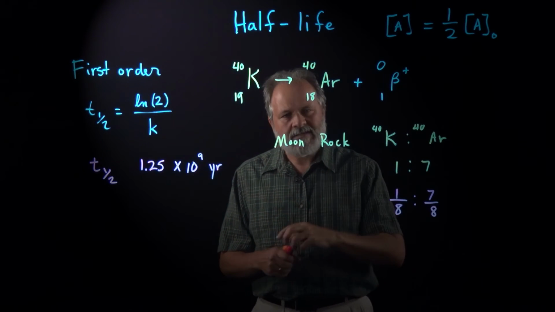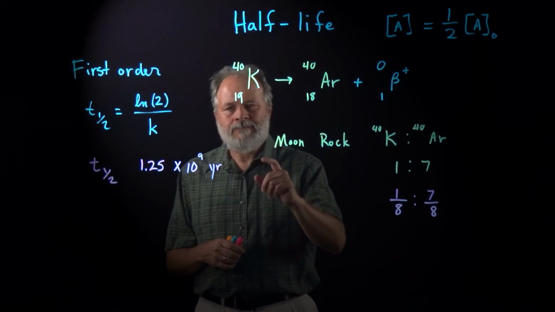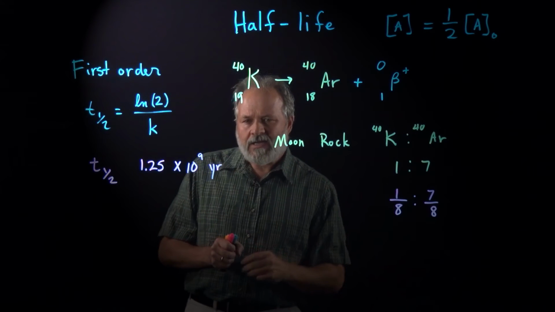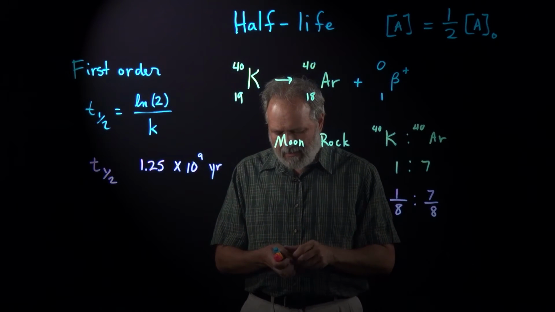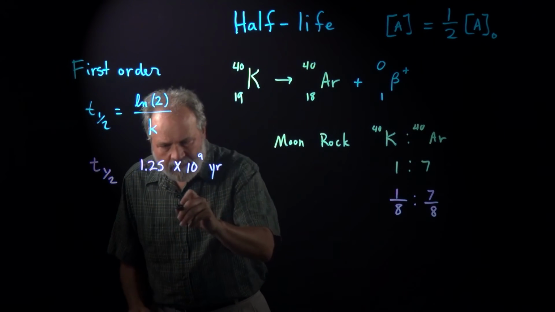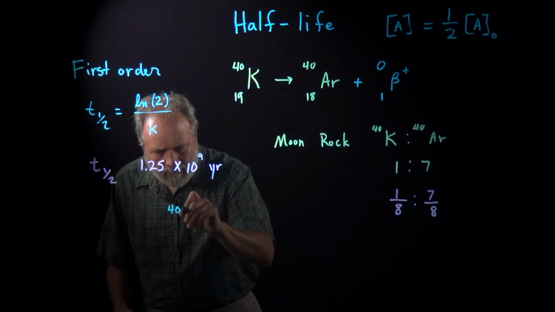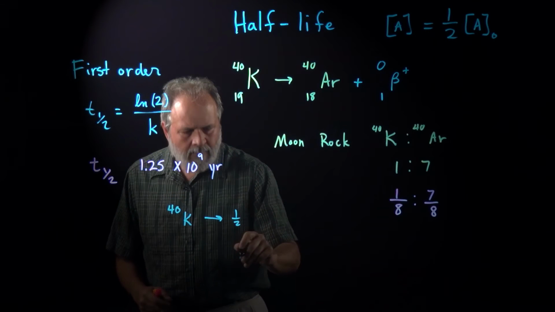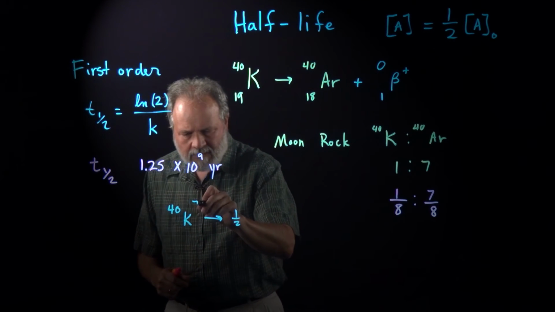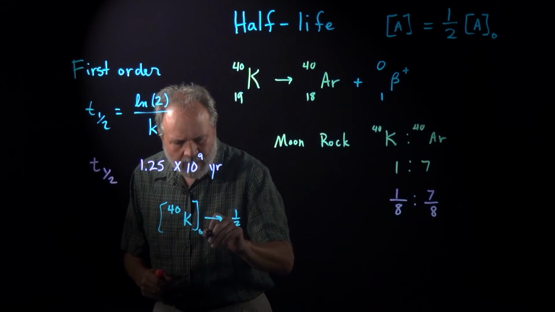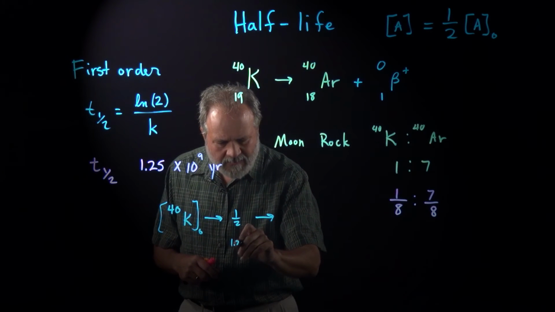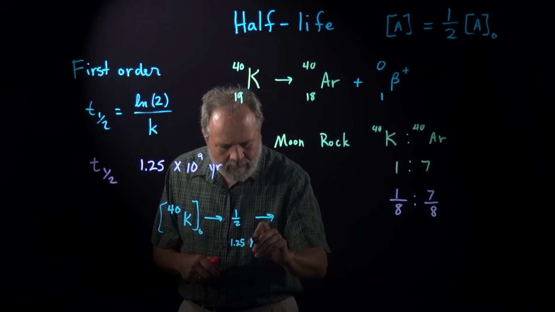So 1/8 is actually a multiple of 1/2. The way you get to 1/8 is you take potassium-40, some amount at time 0, and then half of it is left after 1.25 billion years.